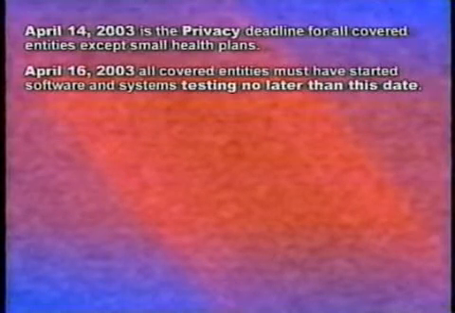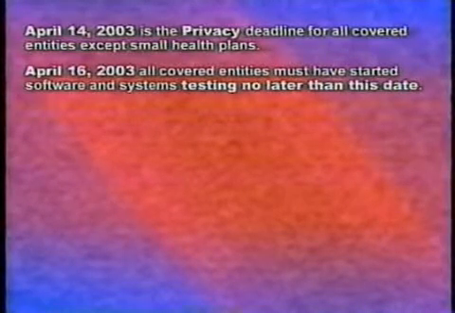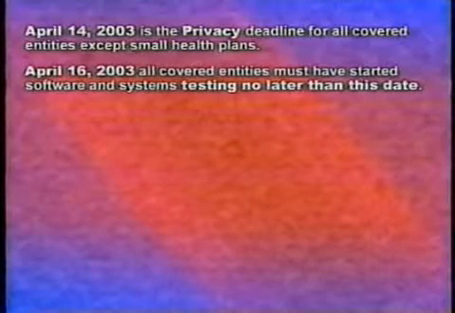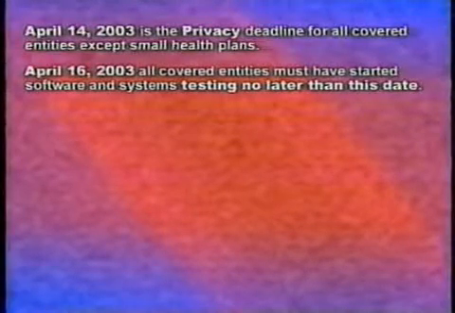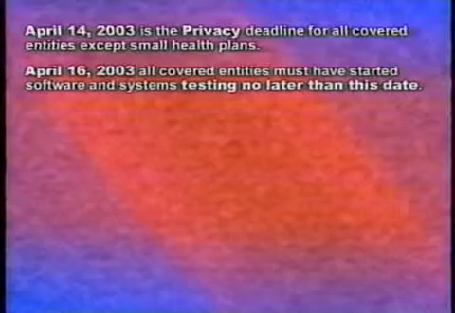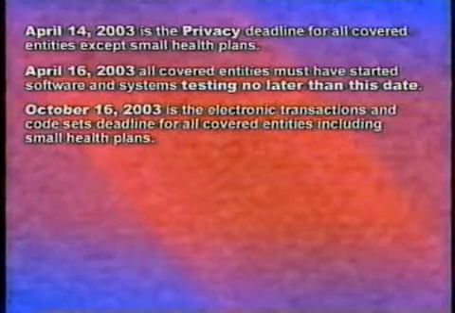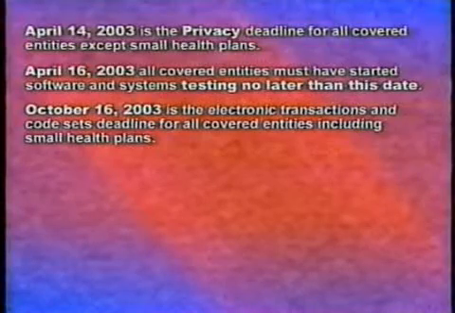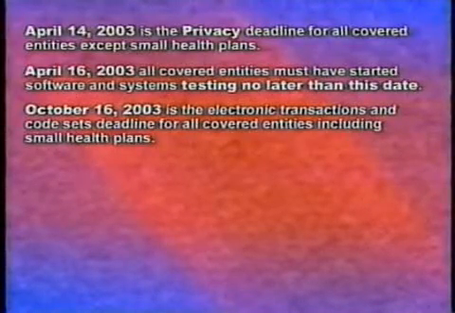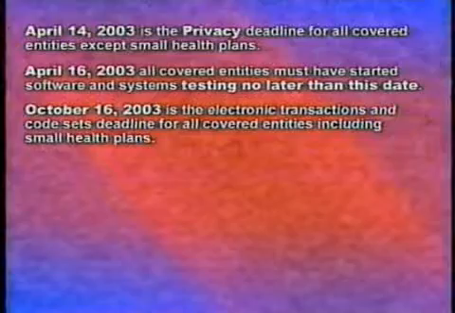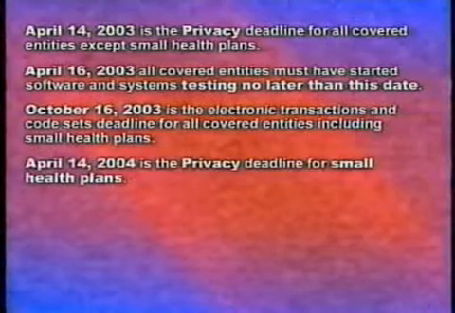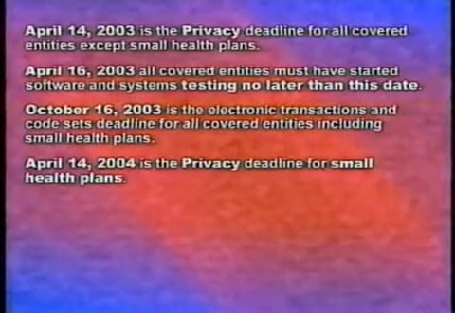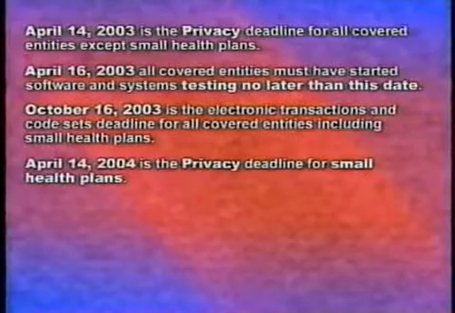Then, just 2 days later, is the testing deadline for all covered entities who submitted a compliance extension form. Compliance with the electronic transactions and code set standards for all covered entities, including small health plans, is required by October 16, 2003. The compliance deadline for privacy is April 14, 2004 for small health plans.